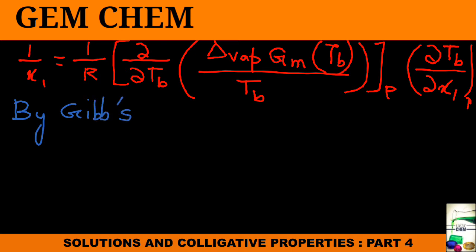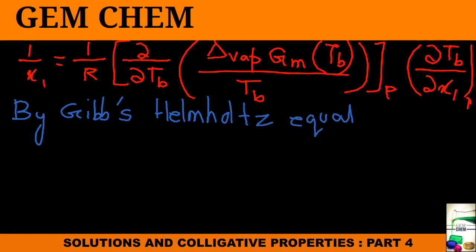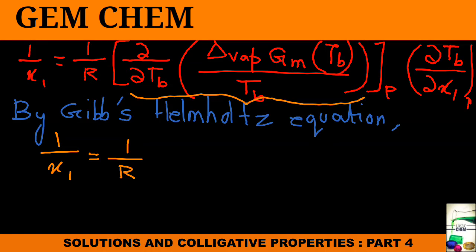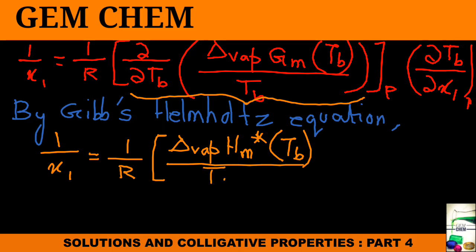So, by the Gibbs-Helmholtz equation, this can be written like this: 1 by x1 equals 1 by R, and this particular term is substituted and written as delta vap Hm star at Tb by Tb.